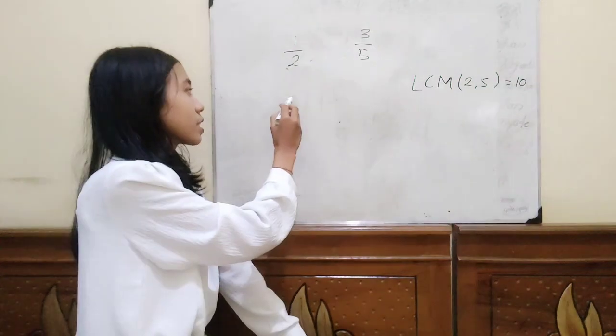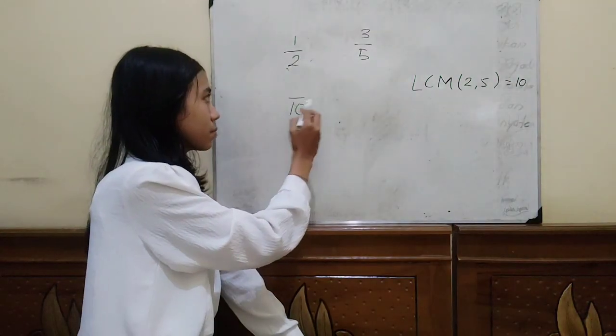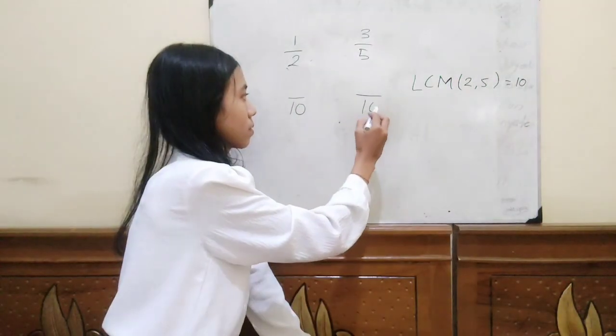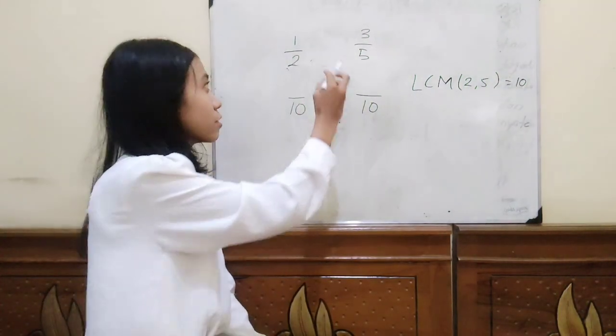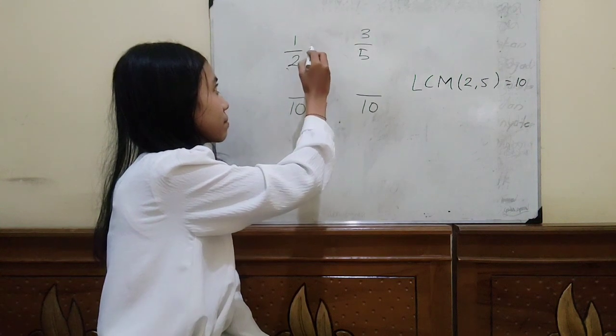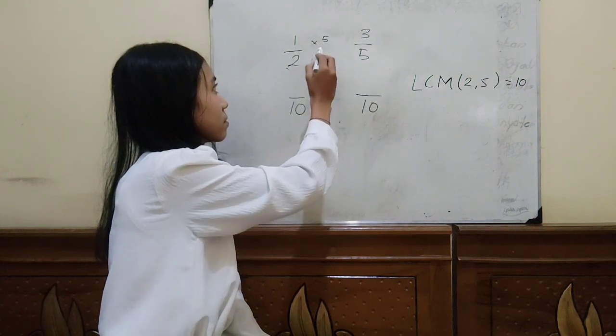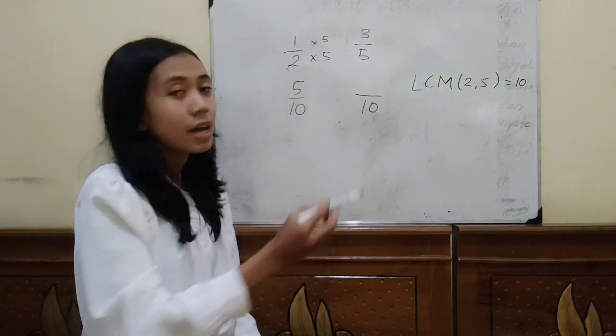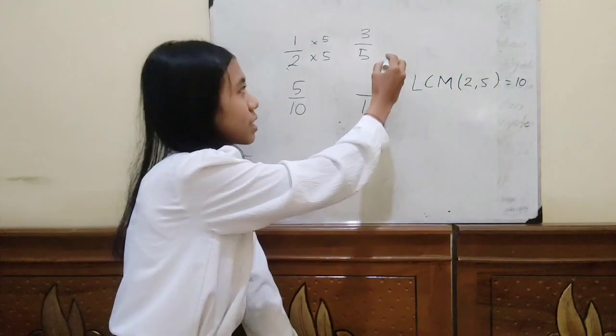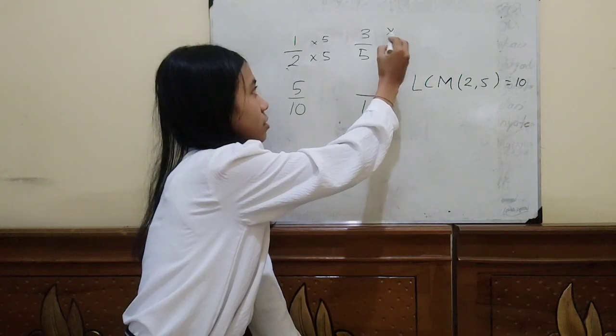So, to get 10, we should multiply the first fraction by 5, and we should multiply the second fraction by 2.